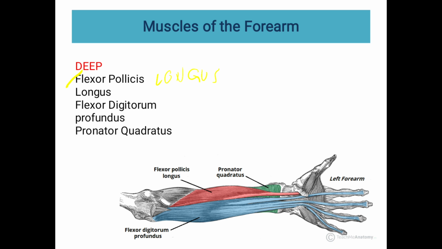Oh, sorry, I didn't notice. Your flexor pollicis longus, your flexor digitorum profundus, and you have your pronator quadratus. So you have four from the superficial, one from the intermediate, and three from the deep.